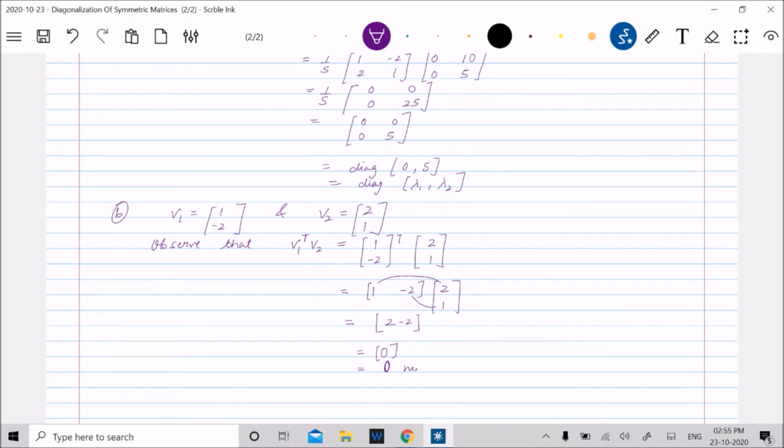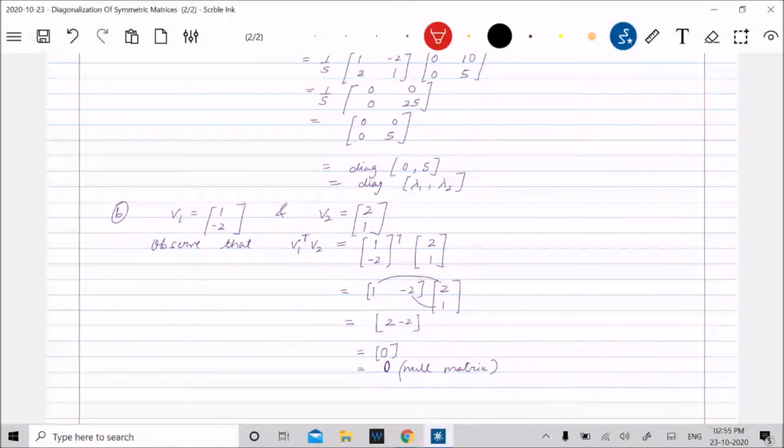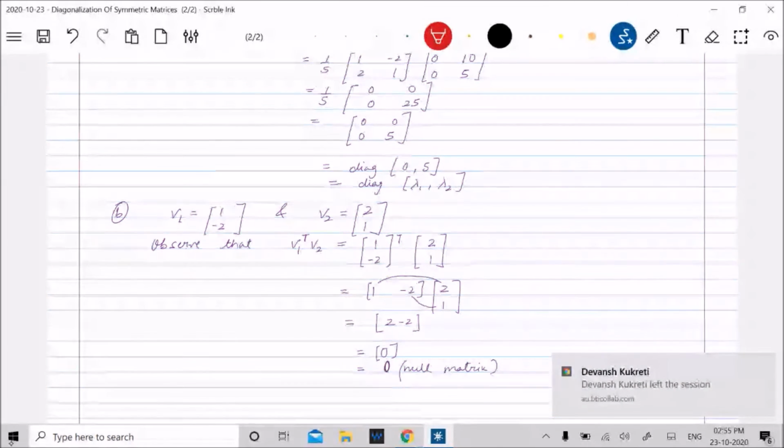Null matrix, null matrix. So this is a beautiful property which always holds between two eigenvectors of a symmetric matrix. Note that this is only true for symmetric matrix, right? And I will write that property in red color, and this is a remark.